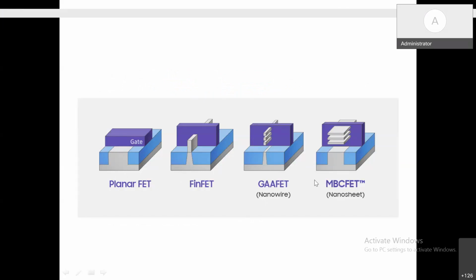This is actually a product of Samsung, the multi-bridge channel FET. It is again a variation of GAA only, but here you can see that the width of this fin is larger compared to this one, and it has more advantages compared to the GAAFET.